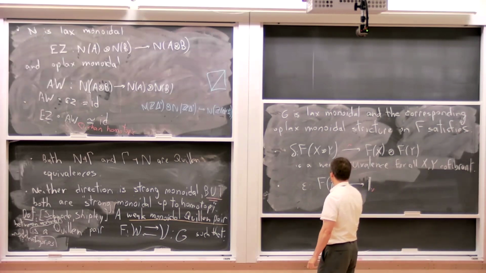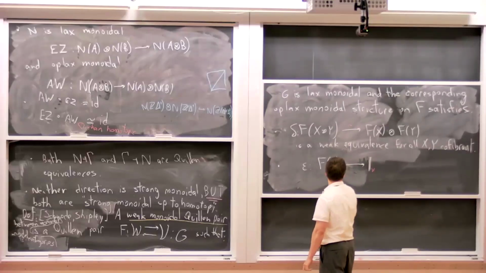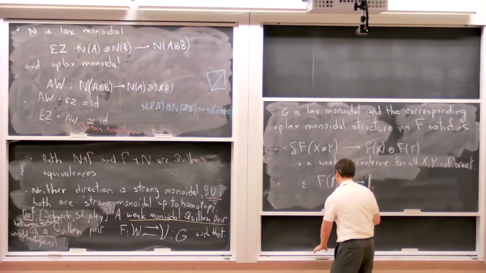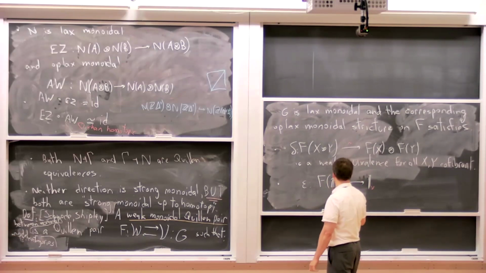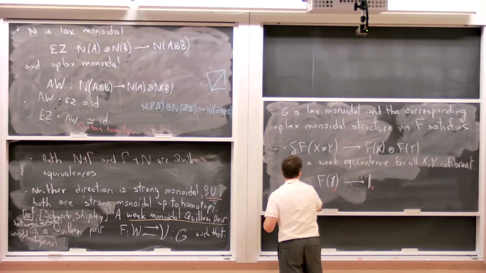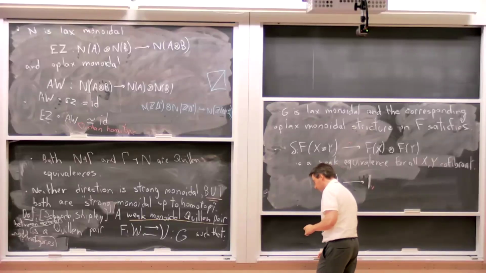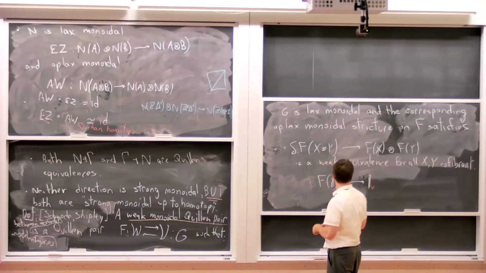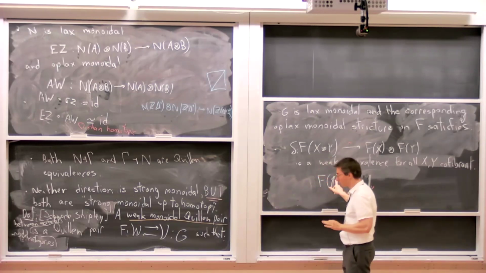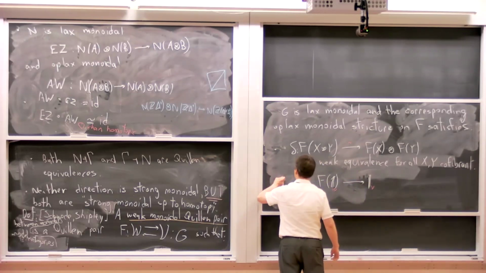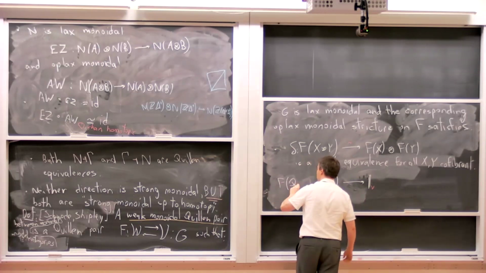let's see, what do I want to require? Okay, let's do this instead. We want to say that if you cofibrantly replace the tensor unit, I'll denote that by Q of 1.